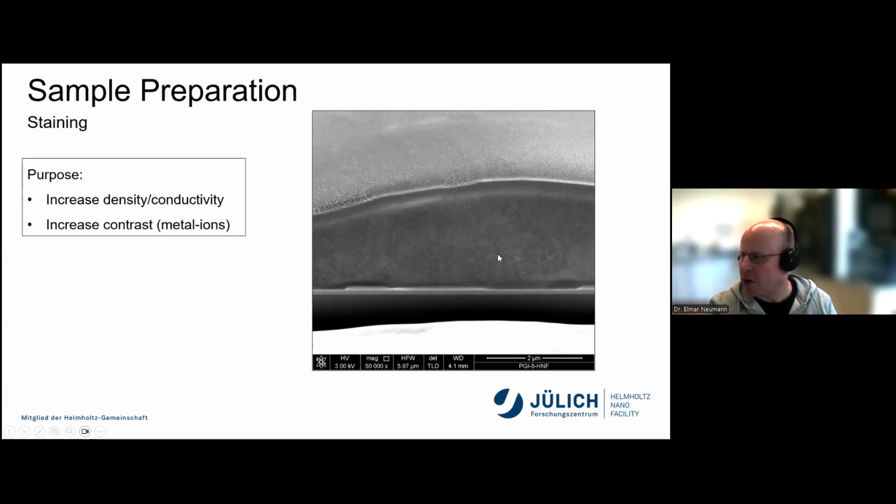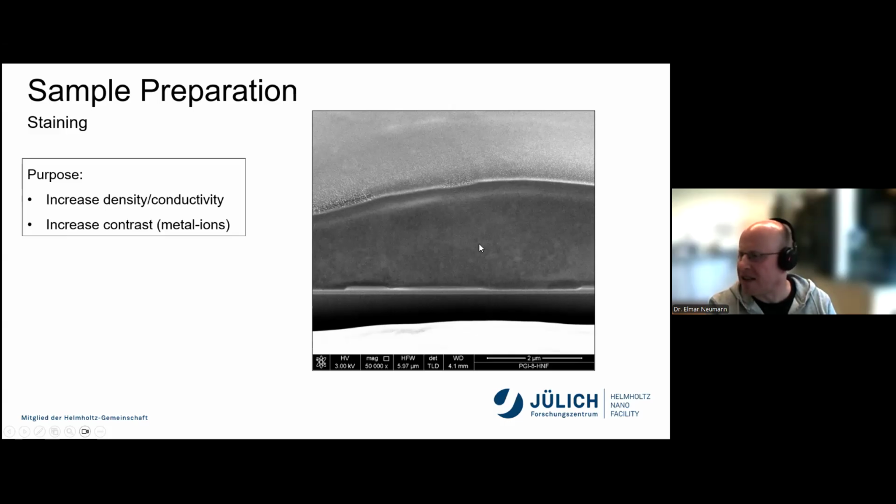Another thing that we need to do is because our polymer is a carbon-based material. The polymers inside of a living cell do not differ chemically so much, from the viewpoint of an electron beam, from the surrounding materials or the embedding materials.